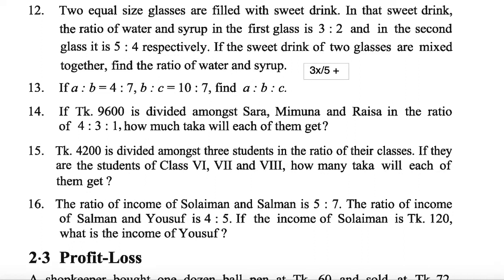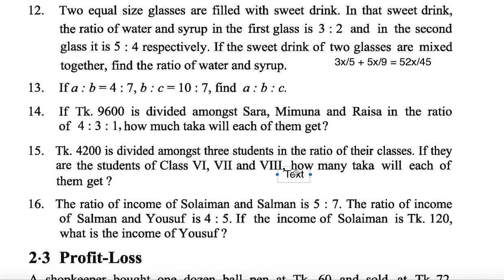Second glass, the water quantity is nothing but 5x by 9. So 9 3 is a 27, 5 5 is a 25, 27 plus 25, 52. So 52x divided by 45 is the combined water in both the glasses.